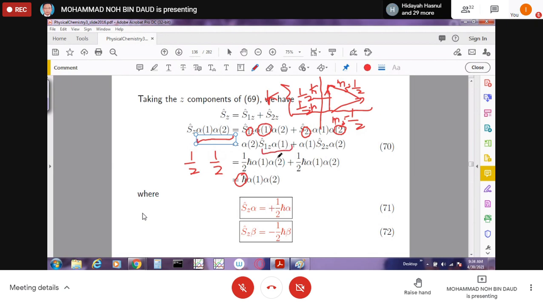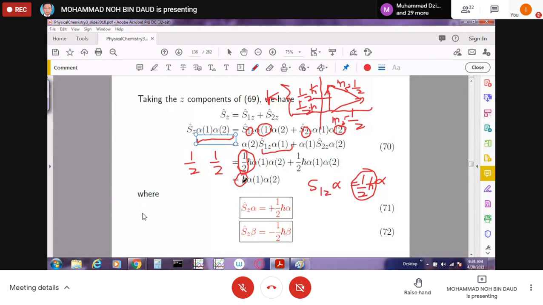So for electron 1, we get this eigenvalue of H bar, S1z alpha 1. So you'll get this eigenfunction and the eigenvalue. You get back this one, and this as well for electron 2.